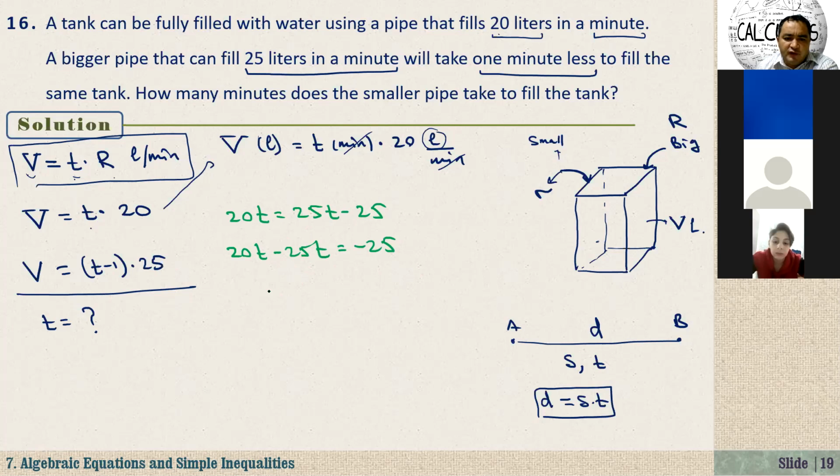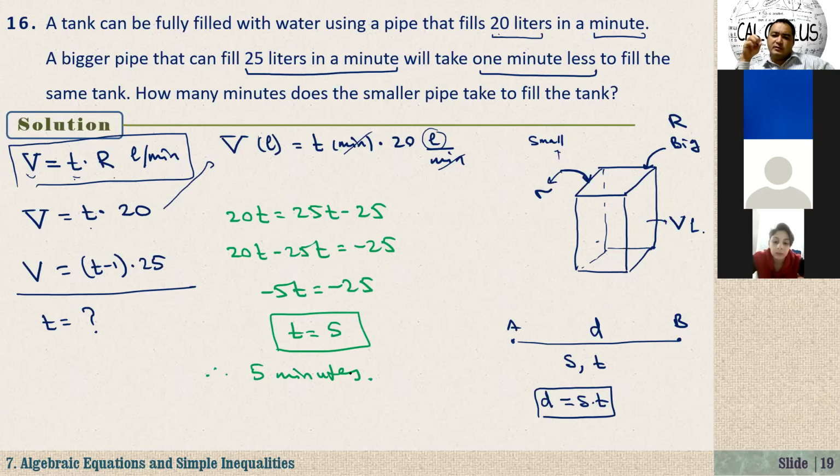So 20 minus 25, that is negative 5T. Now, if we divide both sides by negative 5, here we have 5. So that means that, how many minutes does the smaller pipe take to fill the tank? The smaller pipe takes 5 minutes to fill the tank. If you just open the smaller pipe alone, it takes only 5 minutes to fill the tank.